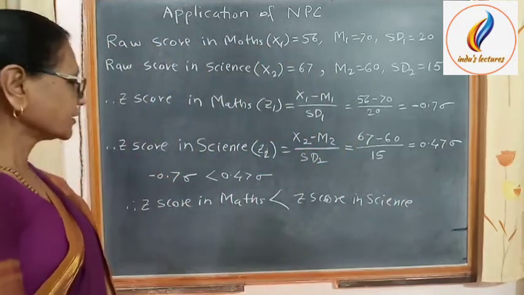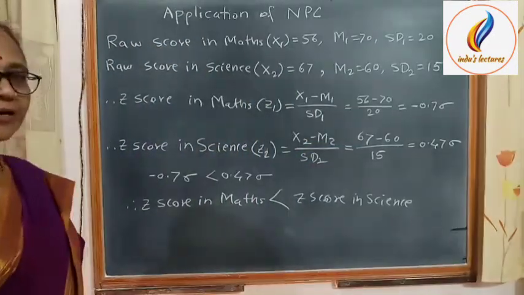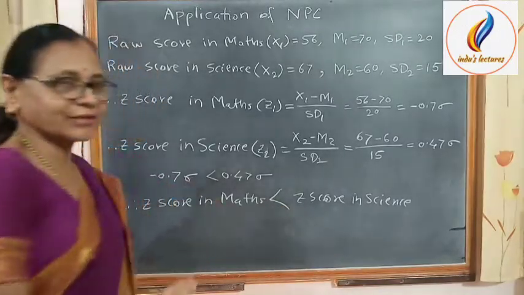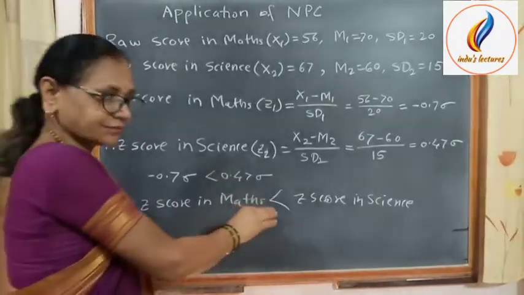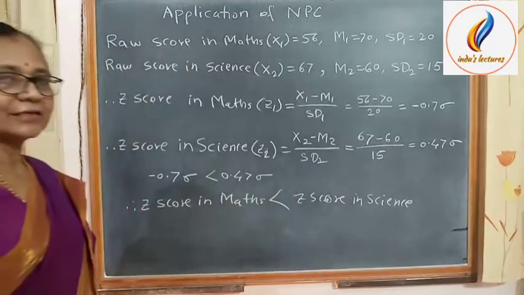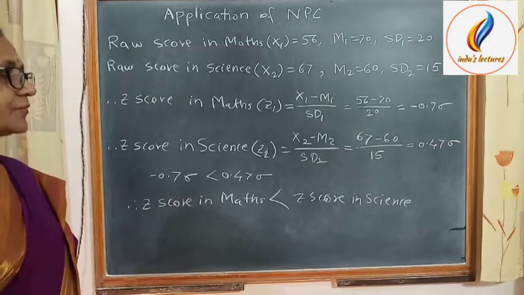Then we can conclude that the student is better in science than mathematics because his Z score in science is greater than the Z score in mathematics.